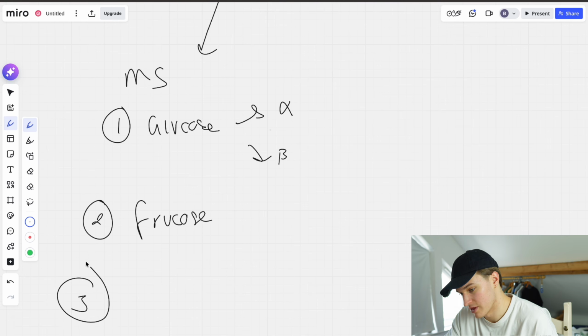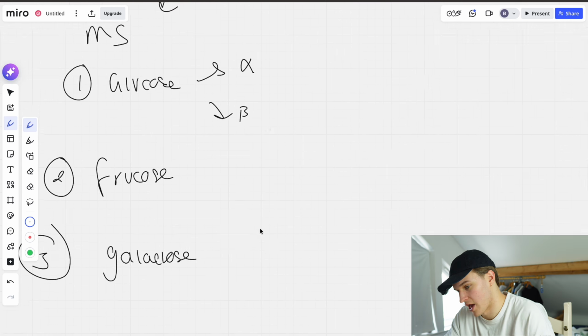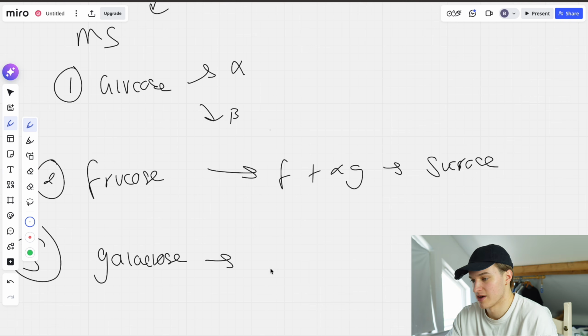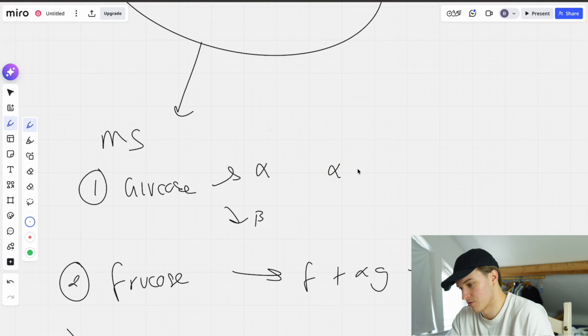Number 3 is going to be galactose. Then I will say, what do each of these make? Fructose plus alpha glucose will make sucrose. Galactose plus alpha glucose will make lactose. And alpha glucose plus alpha glucose will make maltose.